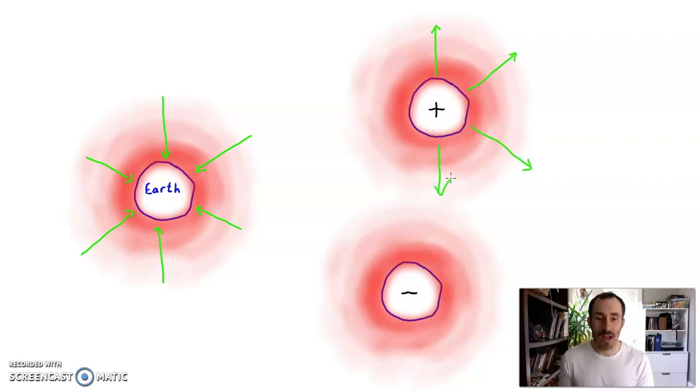Okay, and how many vectors you use is not really all that important. It's just a representation of what's happening in the field. Okay, and so that positive charge is going to repel other positive charges, and so the field that we draw is pointing outward. At the bottom you also see a negative charge.